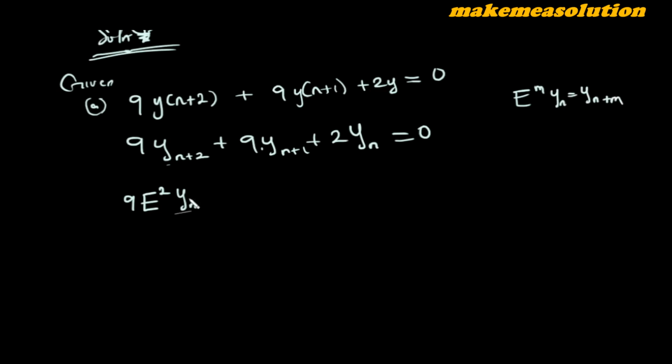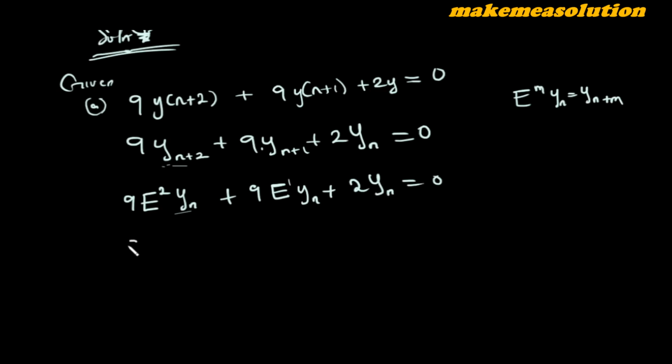So if you retrace your steps, you now have 9E^2 y_n, plus 9E to the power of 1 of y_n, and this one is just 2y_n. There should have been an E^0, but we don't usually put E^0. We just leave this one the way it is, equal to 0.